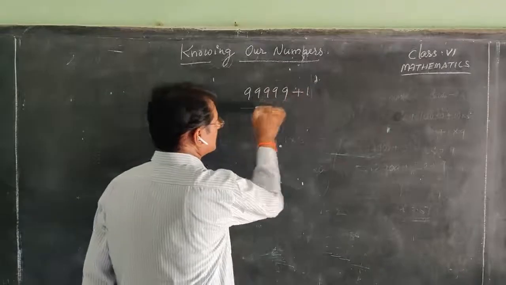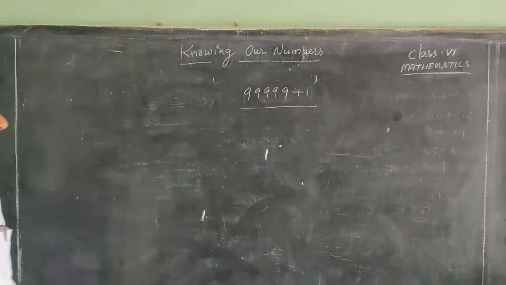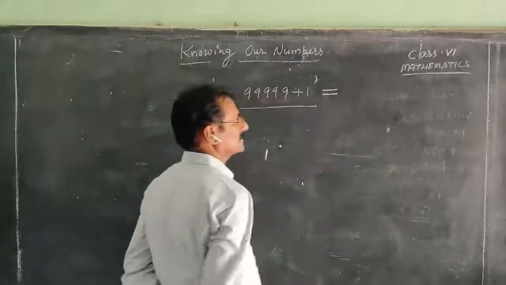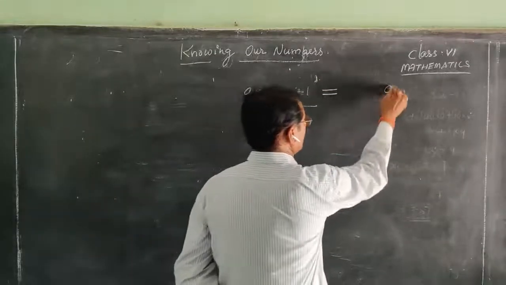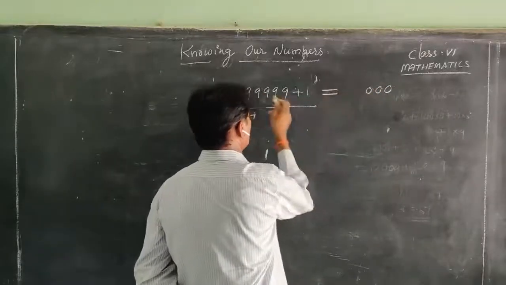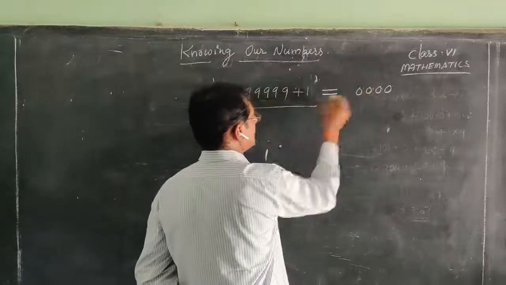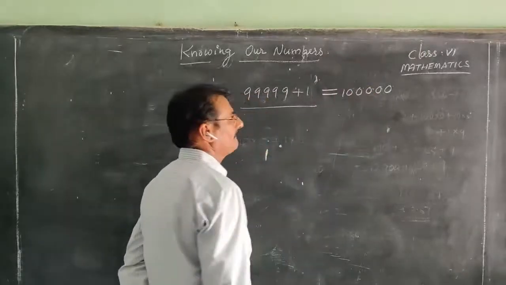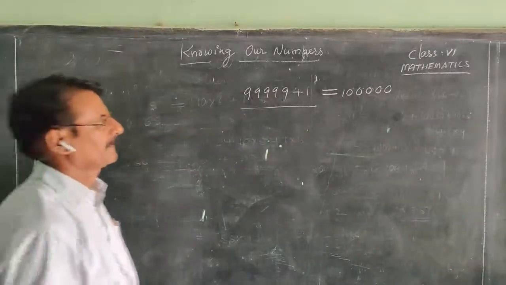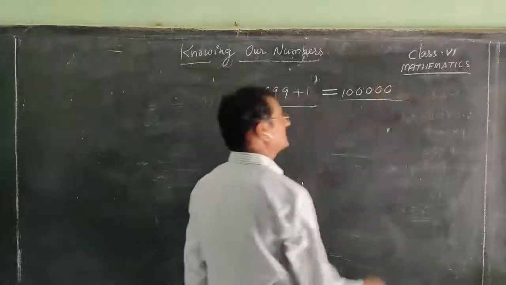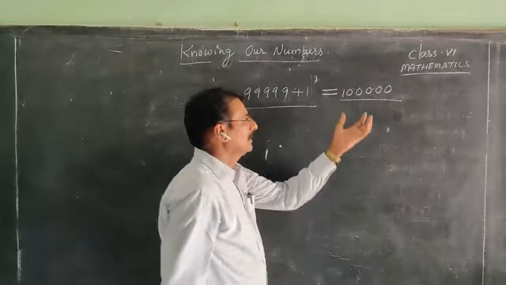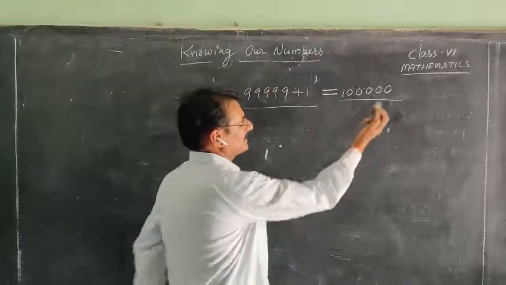Add 1 to this number, we get how much? 1 plus 9, 10. 1 plus 9, 10. We get a 6-digit number. Now, say the place values from the right side.